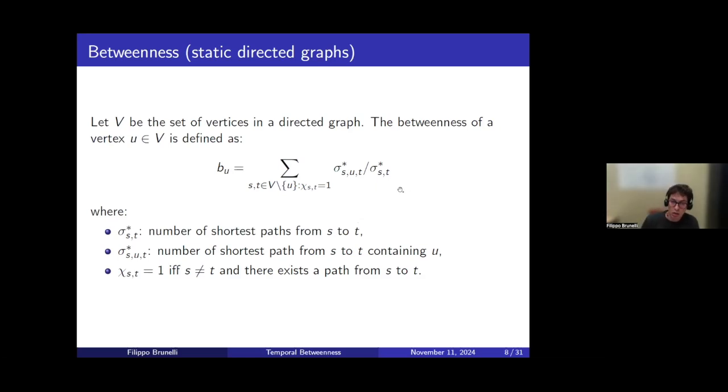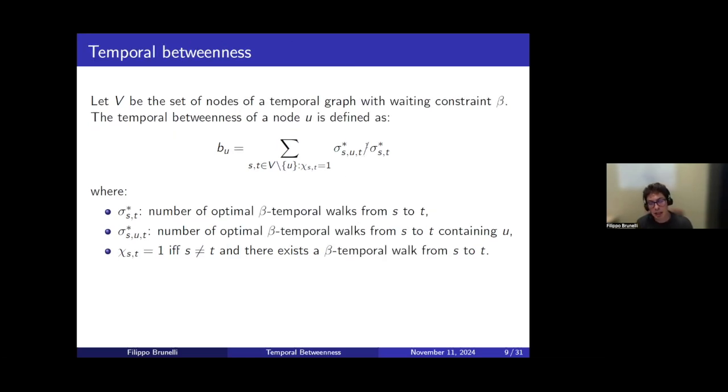So when we move to temporal betweenness, the definition is kind of similar, and we want to measure the same type of thing. So we want to measure how often a vertex lies onto optimal beta temporal walks.